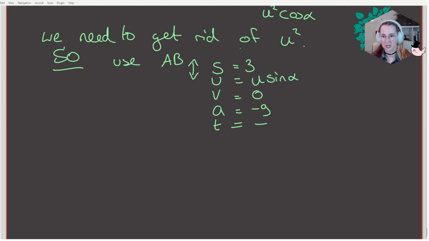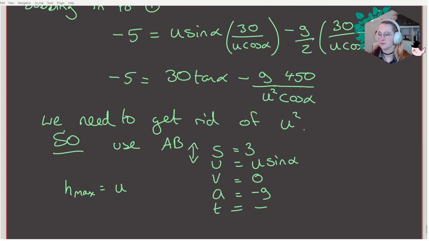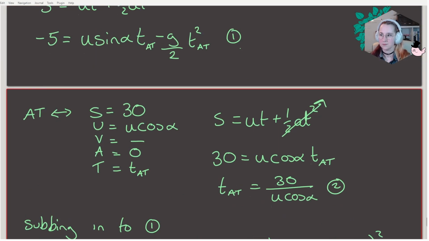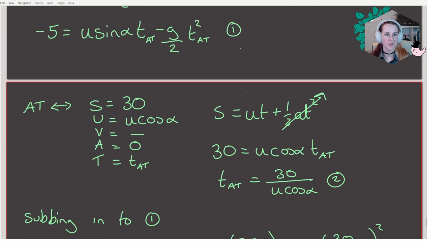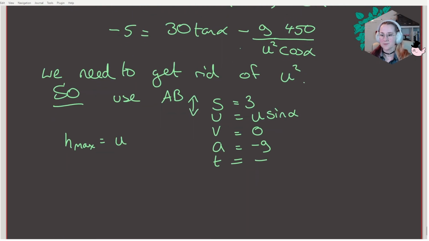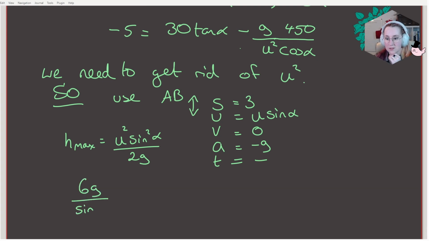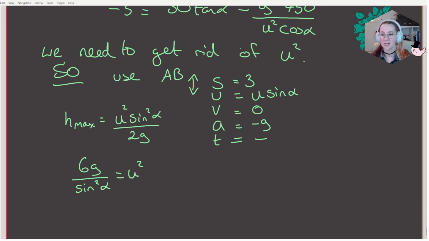But we already have the equation here, so we have h max is u squared sine squared alpha over 2g. See if we remember this. Which means we can just plug this in. So we actually get that 6g over sine squared alpha is u squared, which we can plug in.